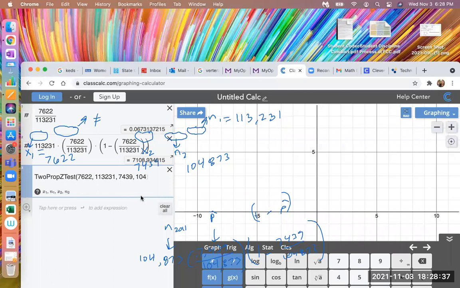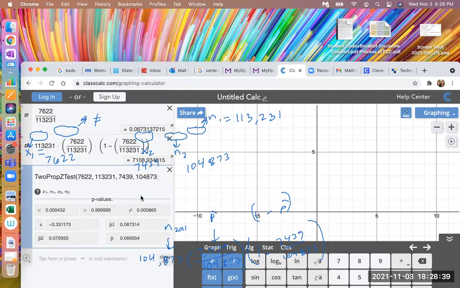N2, 104873. Okay, and then it's not equal, so the p-value that we want is this value right here. And here's the Z statistic. So it's 0.0008, 3 zeros and an 8, which actually would round to a 9 if they wanted to round to 4 decimal places. They may round to 2 decimal places, which would say 0, and then the Z is negative 33.3.